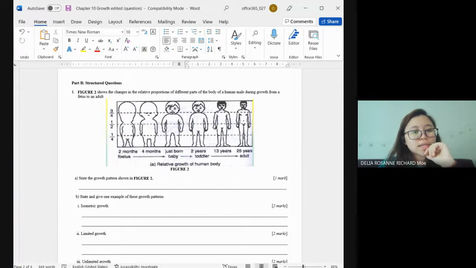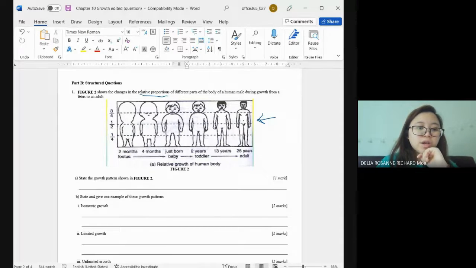So here you see this very ugly chart that shows the relative proportions of your body parts during your growth. Okay, so when you are fetus, that's how big your head is compared to the rest of your body. When you are just born, that's how big your head is compared to the rest of your body. When you are adult, that's how small your head is compared to the rest of your body.